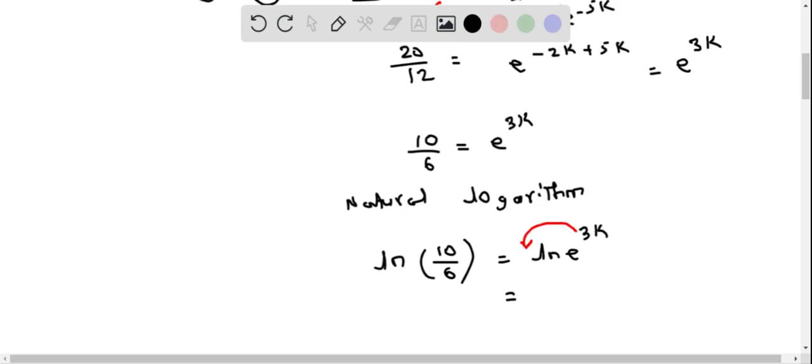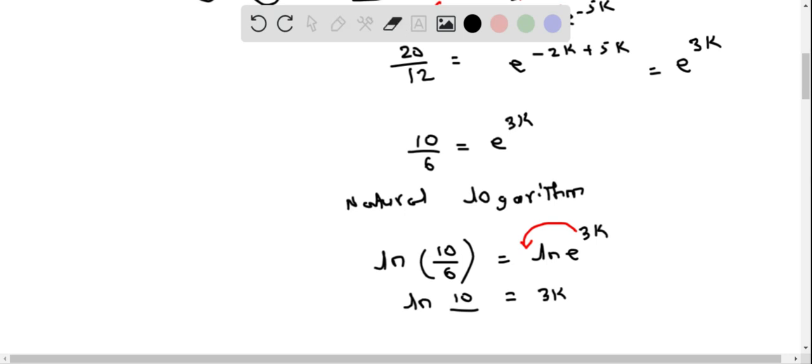This is by the property of natural logarithm. So this becomes 3k natural logarithm of e. Remember that natural logarithm of e is equal to 1. So I can simply replace this natural logarithm of e as 1, which means 3k times 1 is basically 3k. So I can just leave it like this.